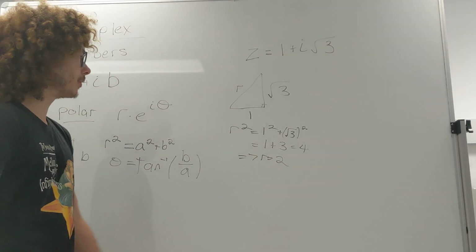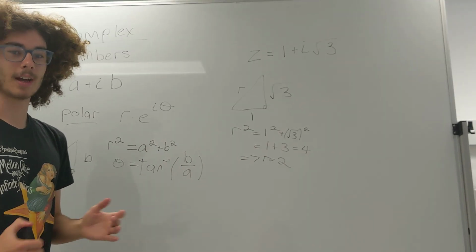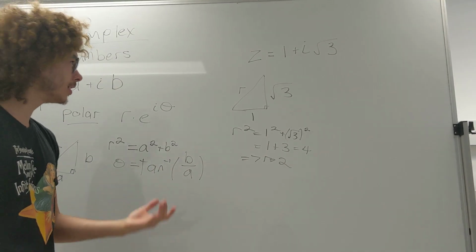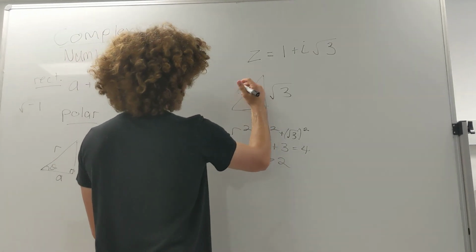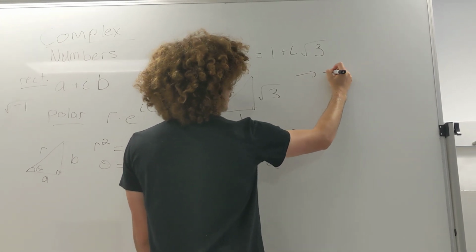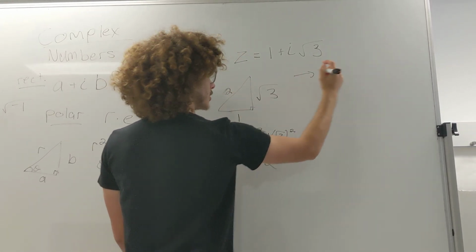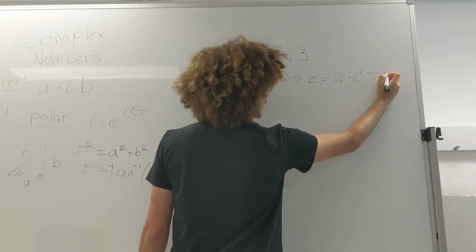We take the positive value because when you think of a triangle, it doesn't really make sense to have negative magnitude. So we can put this in here. Going to polar, we have the first element, which is magnitude, 2. And the last thing we're looking for is this angle here.